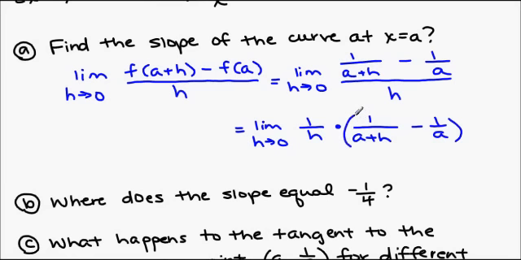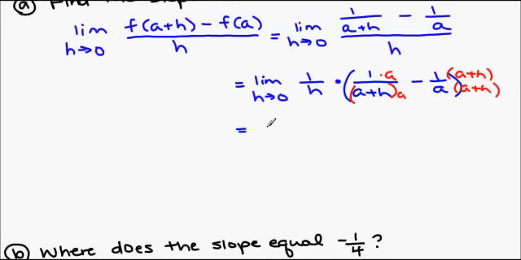Okay, but really I want these to be over one denominator, so I'm going to multiply this top and bottom by a plus h, and this one top and bottom by a. Okay.